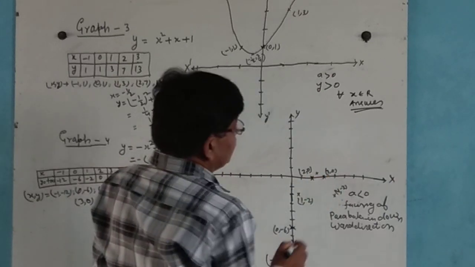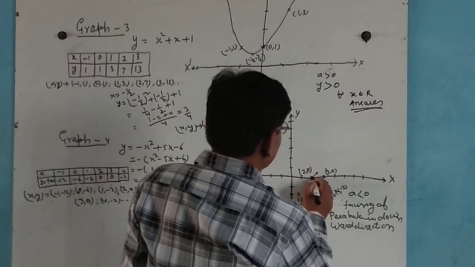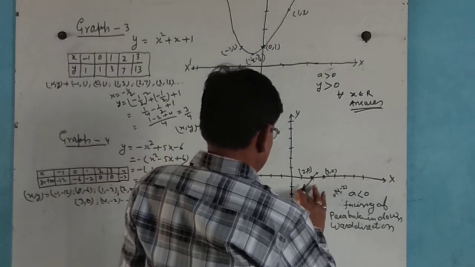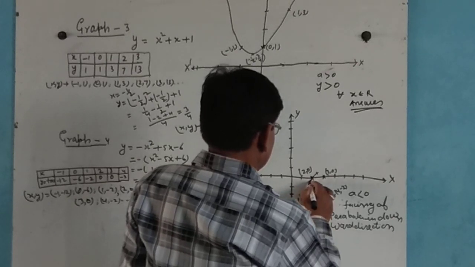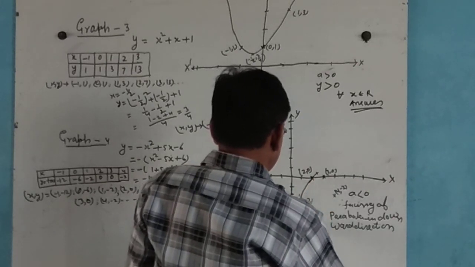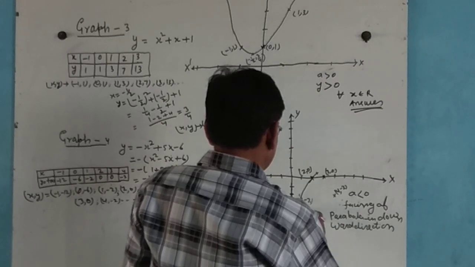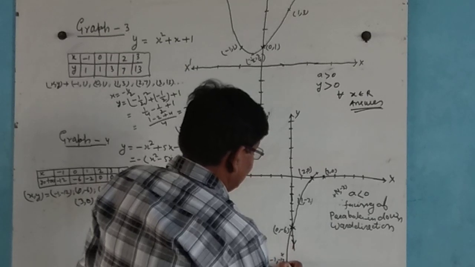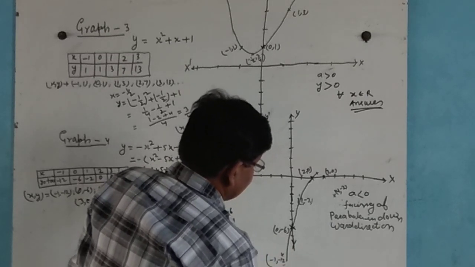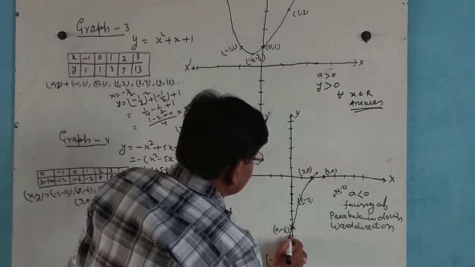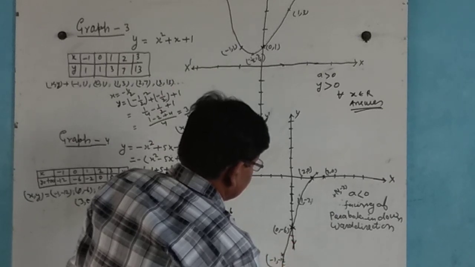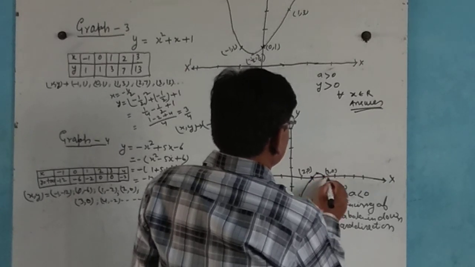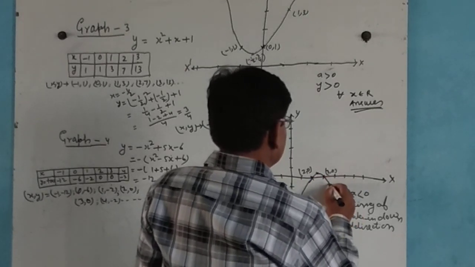It means that this curve passes through this point, this point, and this point also.